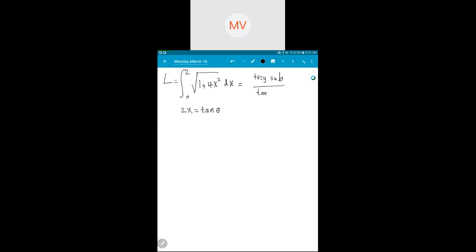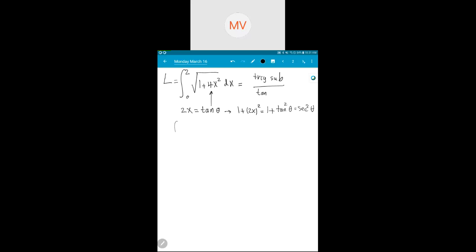And it makes sense because if you replace it, instead of 2x, it's going to be 1 plus tan squared, which is secant squared, and then becomes secant, right? Remember, under the square root you have 1 plus 2x squared. It's becoming 1 plus tan squared theta, which is secant squared theta.